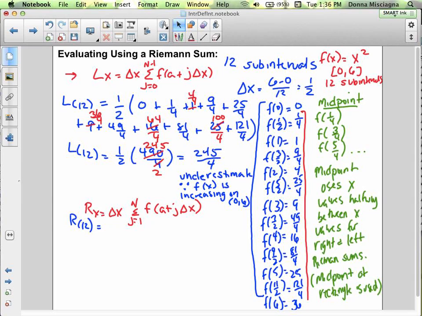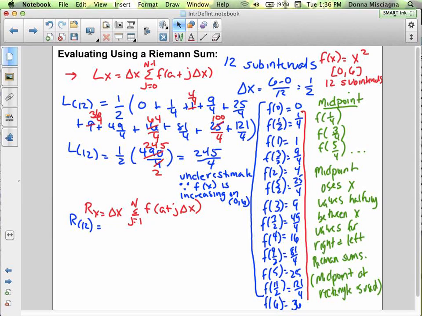So here we're going to skip the 0, right, the f of 0, because that's on the left-hand side of a rectangle. All the other values are on the right-hand side. So the second value is the first value for the right-hand side, and the third value is the second value for the right-hand side. So just imagine little bars, right? And we're choosing the right-hand value. So the right-hand Riemann sum uses everything but the first number.